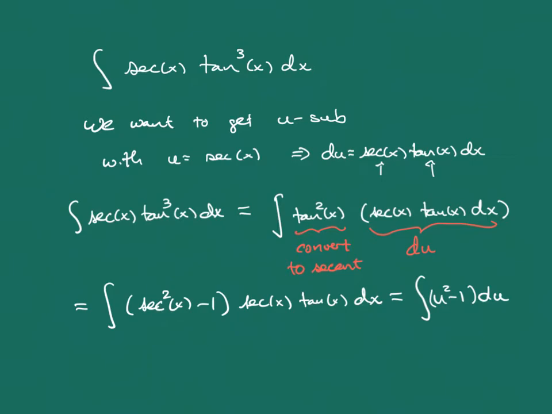And so in the case that our power on tangent happens to be odd, we can employ this strategy as long as we've got some secants around that we can borrow from as well. So what happens in the case where we don't necessarily have that?